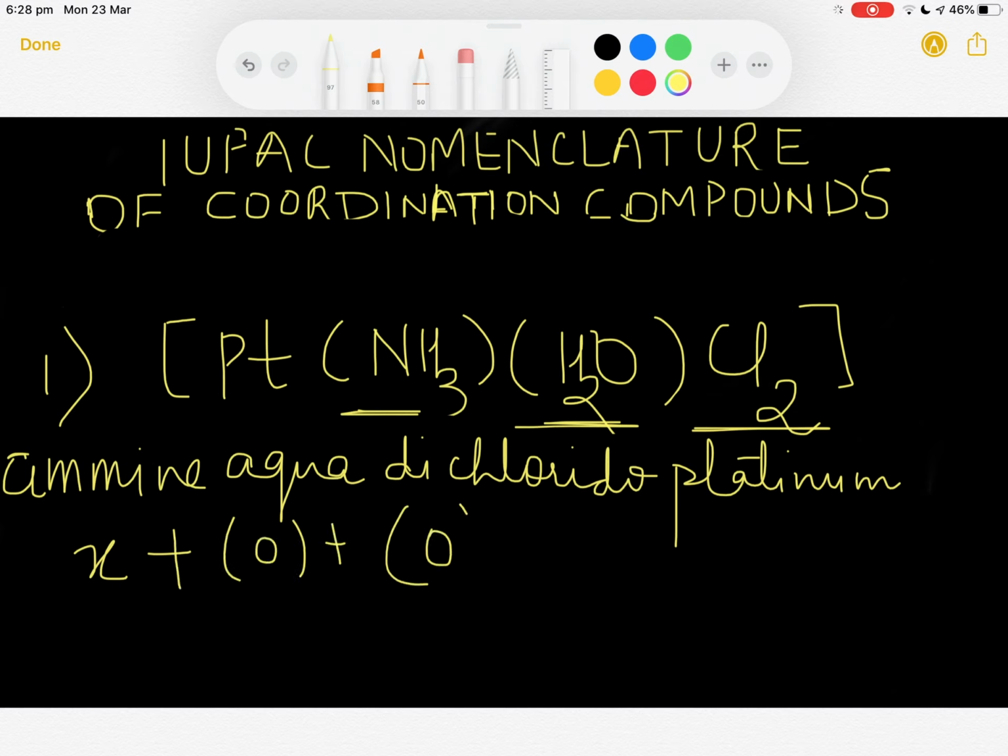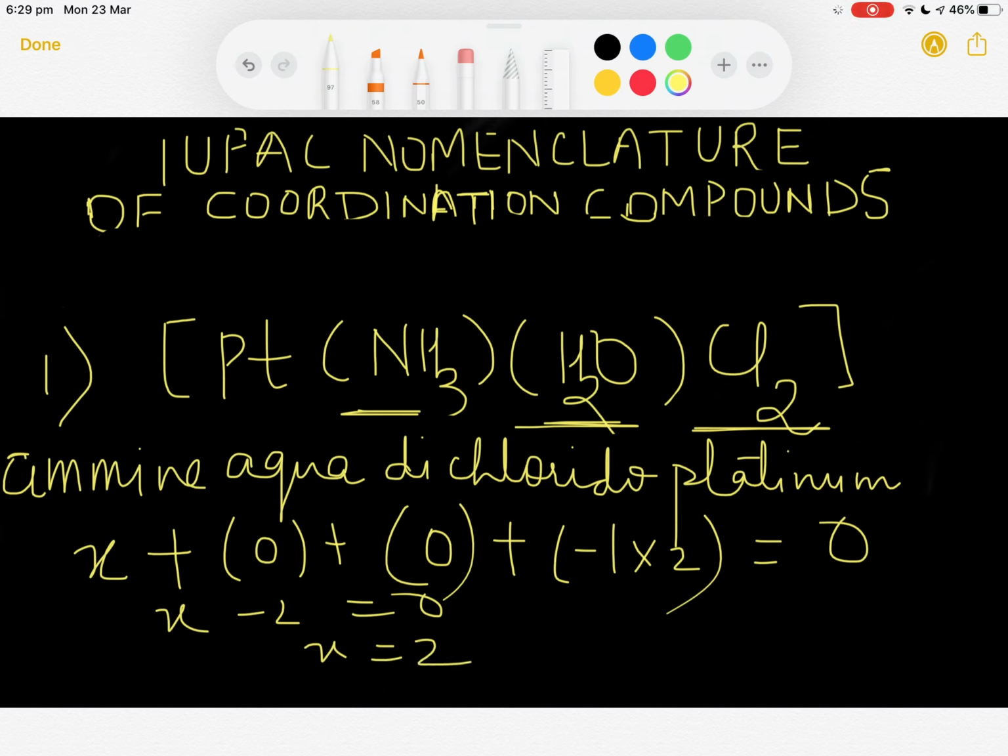Aqua water is also zero, but chlorido has -1 into 2, which is equal to 0. So X minus 2 equals 0, so X comes as 2. So the oxidation state of platinum comes as 2, which is written in Roman numerals.